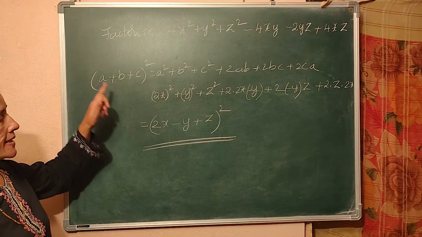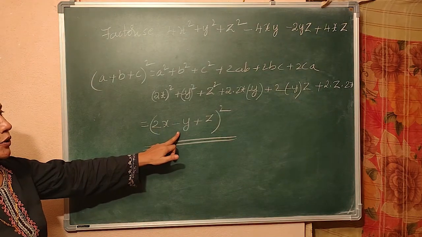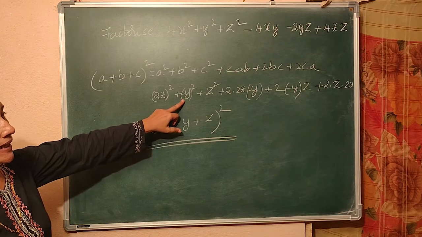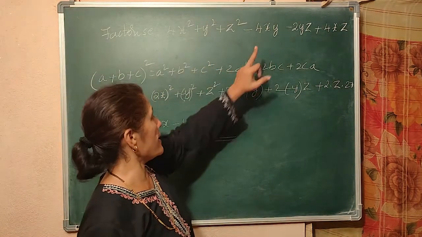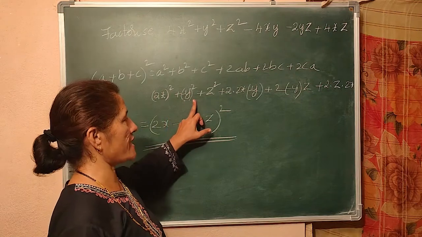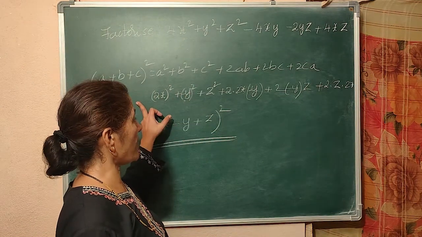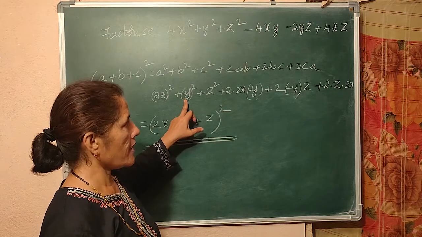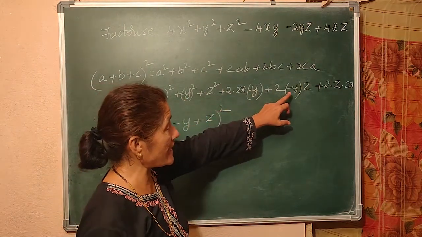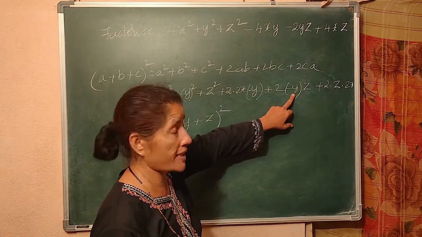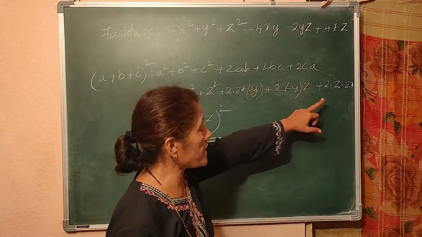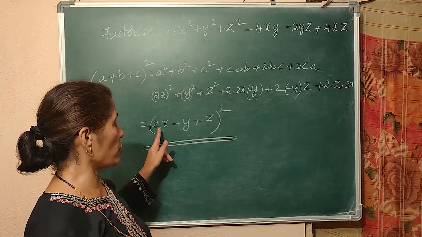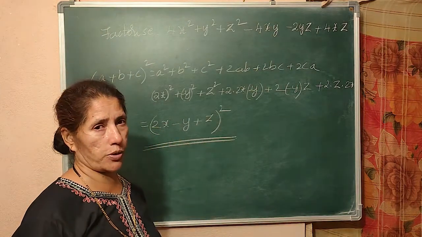So, this answer is equal to this. So, how could I make out? First one I put plus only. Then, since it is minus, either this is plus or this is minus. But I put minus here. And I verified whether it is correct when I come here. Yes, it was correct. So when I proceeded, we got the correct answer. So it is (2x minus y plus z) the whole square.